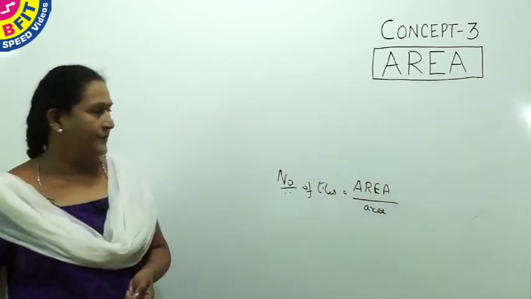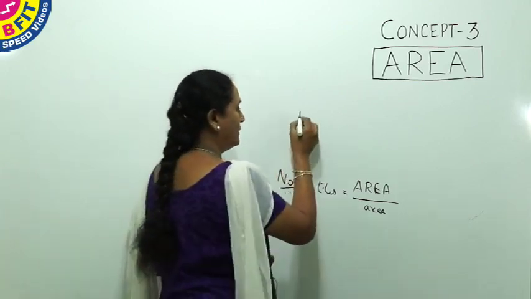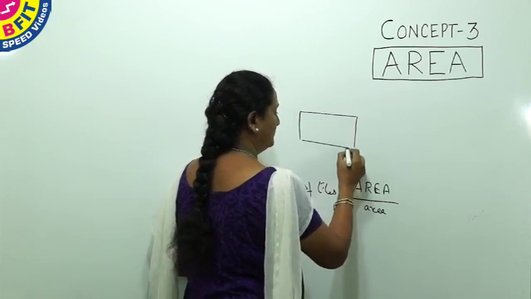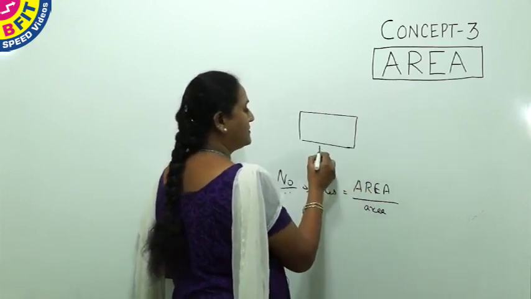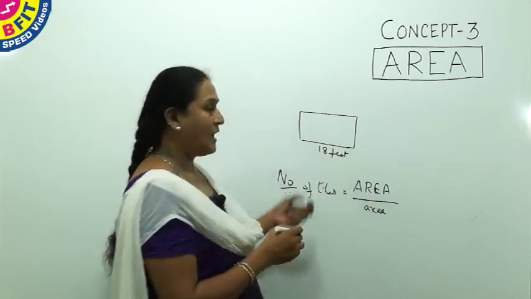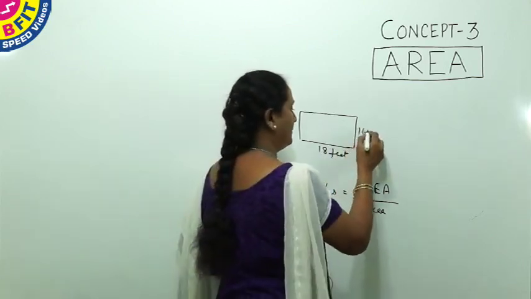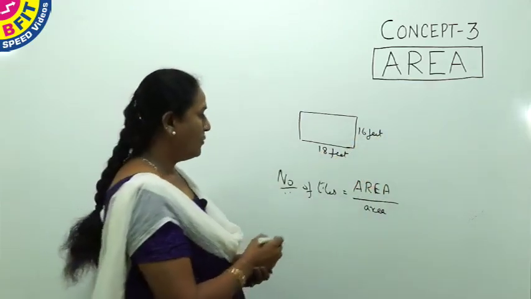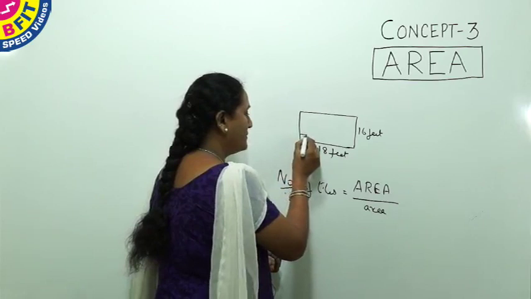Suppose there is a rectangular room and the length is 18 feet and the breadth is 16 feet. The question is, what is the area of a single tile?